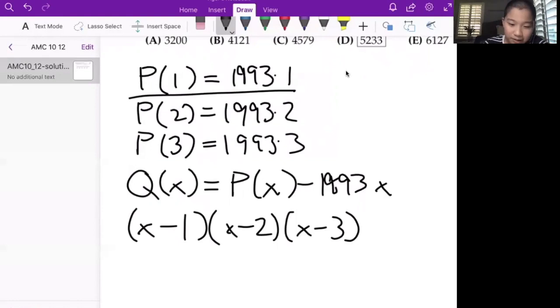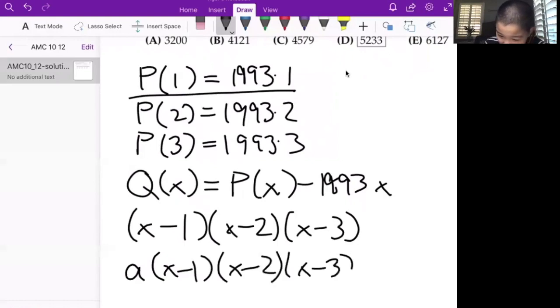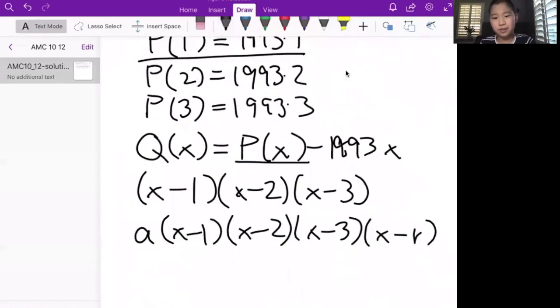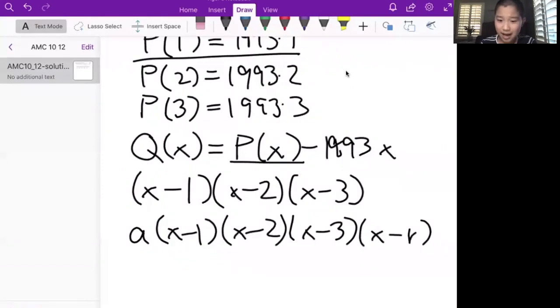So q of x has to be in the form of something like this: x minus 1, x minus 2, x minus 3, x minus the other root r. But we also know that the leading coefficient of p of x is 1. So the leading coefficient of p of x minus 1993x should also be 1. So we don't need an extra constant here. It's definitely 1.